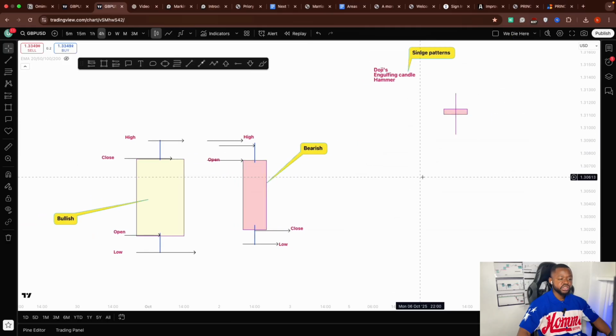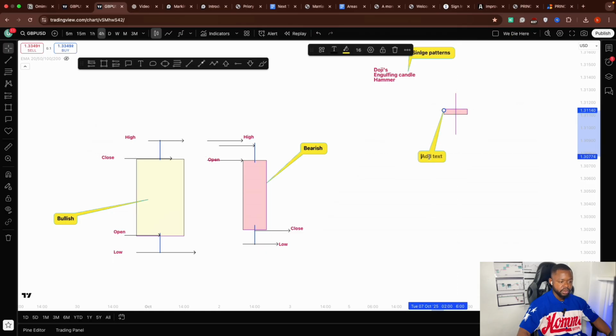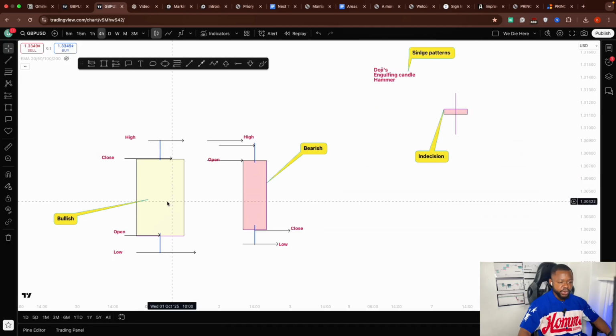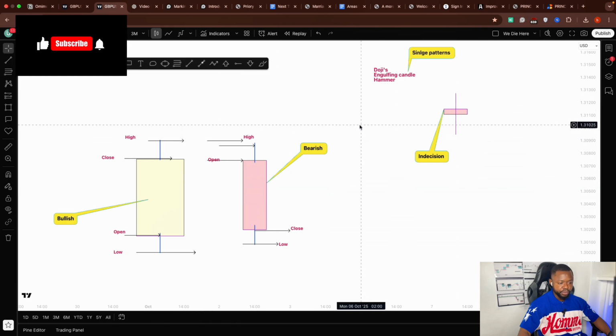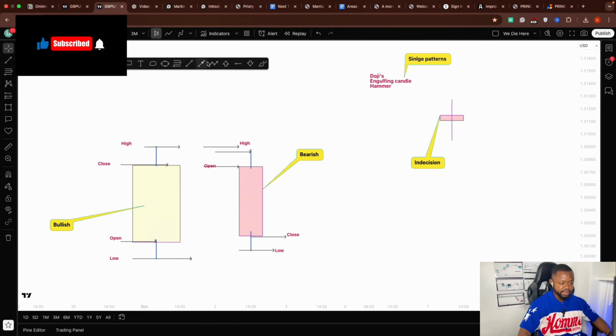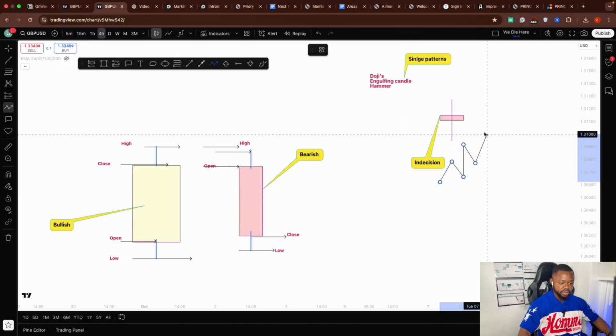So what the doji just means, the dojis means indecision. Take your pen and paper and make sure you're writing. The dojis means indecision. When we say indecision, remember the open, high, and close. Let's just imagine this market is bullish this way, and you find a doji right around here.